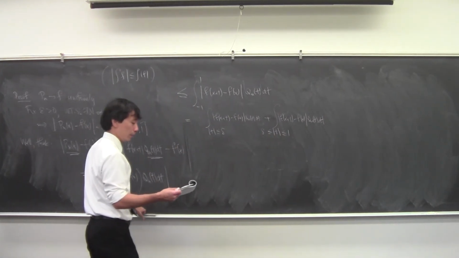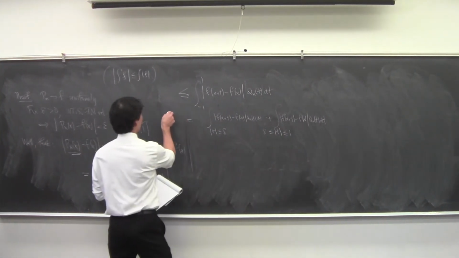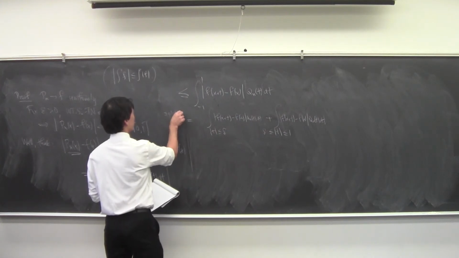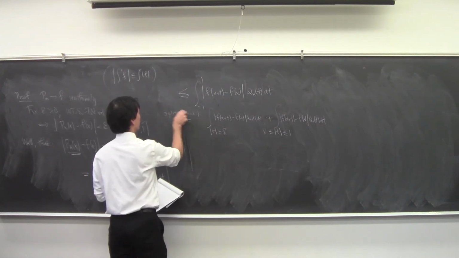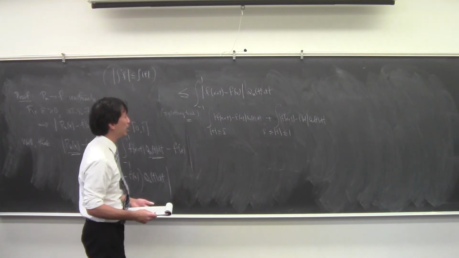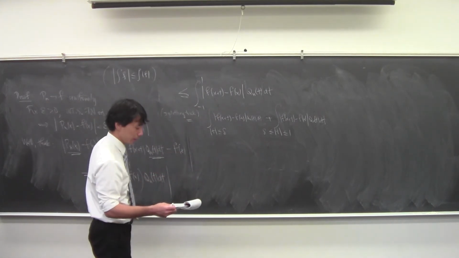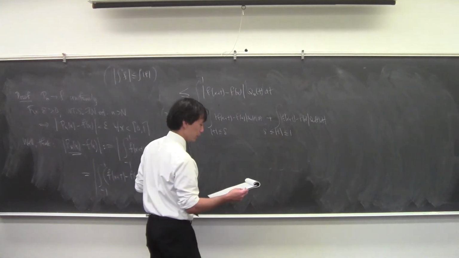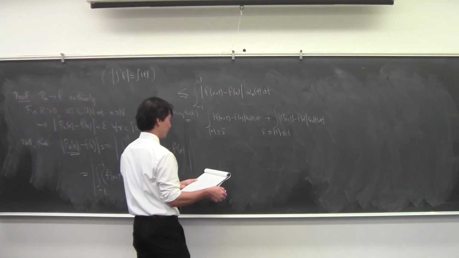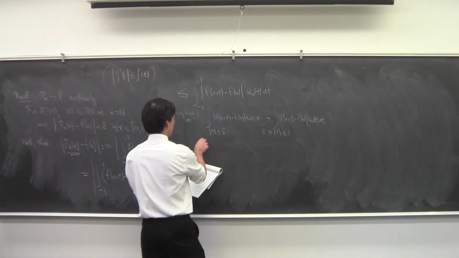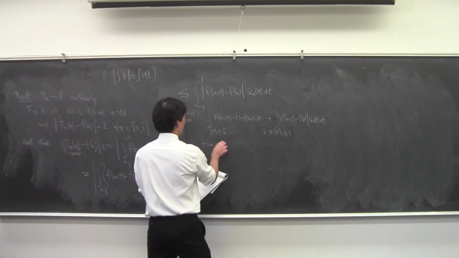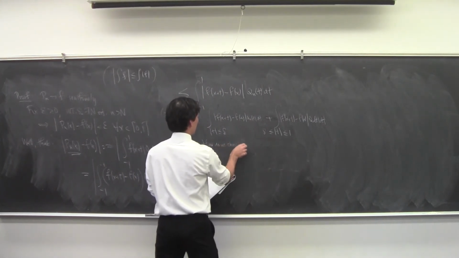This is the standard splitting trick. We use the continuity on one part, and the convergence to zero on the other. So how do we choose delta?